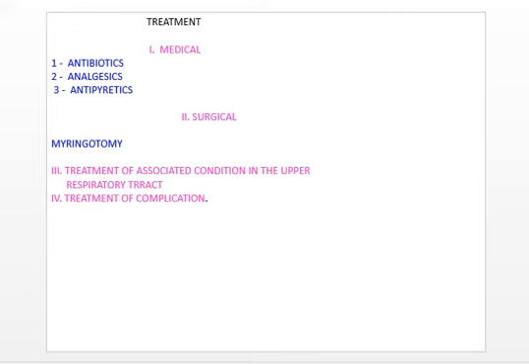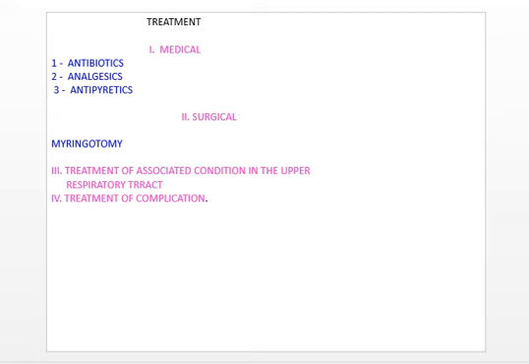The antibiotics can be given orally as well as by injectable form, but while giving antibiotics, we should be careful to give the antibiotic in proper dosage and for proper duration of time, and also keeping in mind the organism responsible for causation of the condition, whether the antibiotic is effective against those organisms or not.